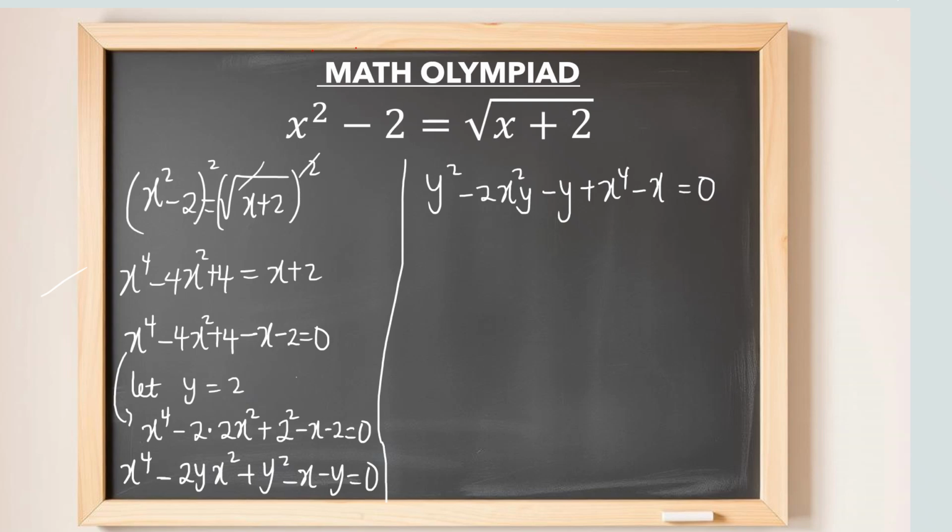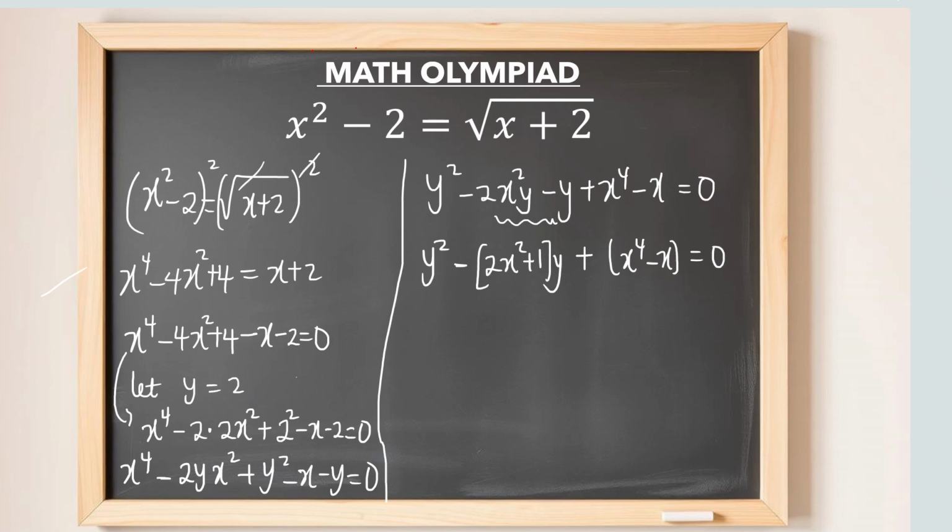Now rewriting this equation, I'm going to have y squared minus, in parentheses, I want to factor y out. So here I'm going to have 2x squared plus 1 times y, plus x to the power of 4 minus x equals 0.